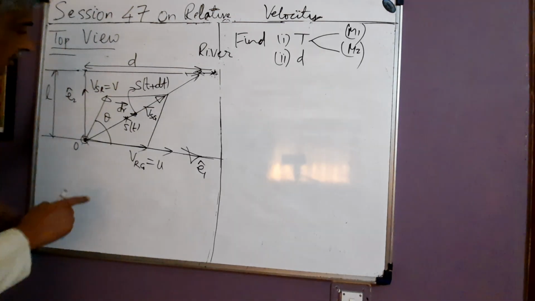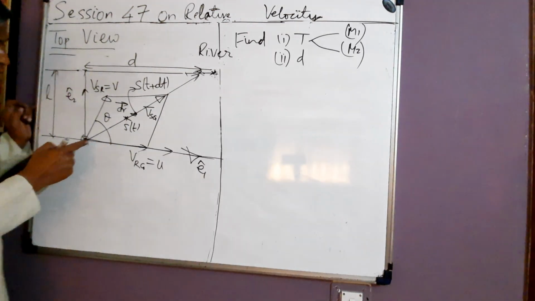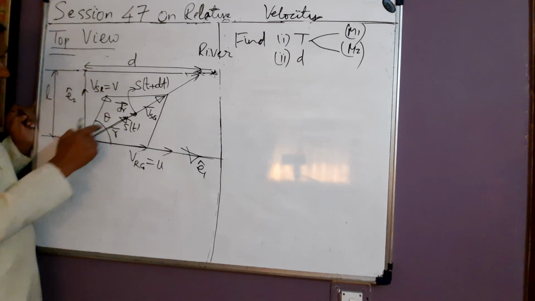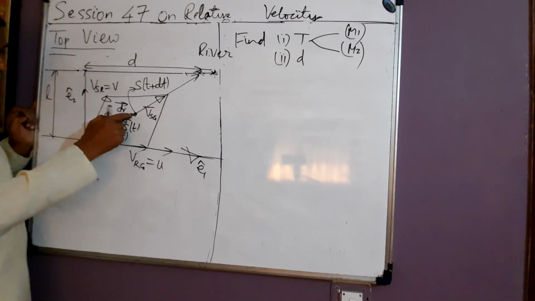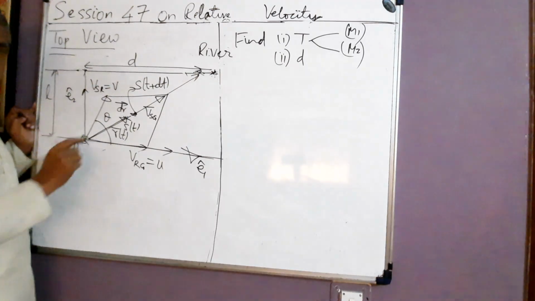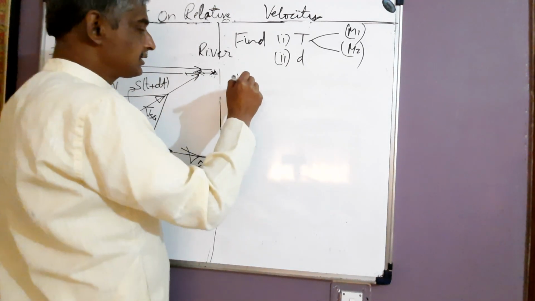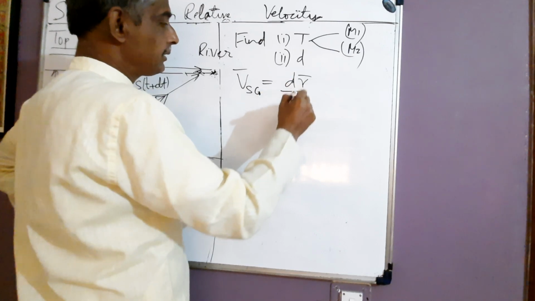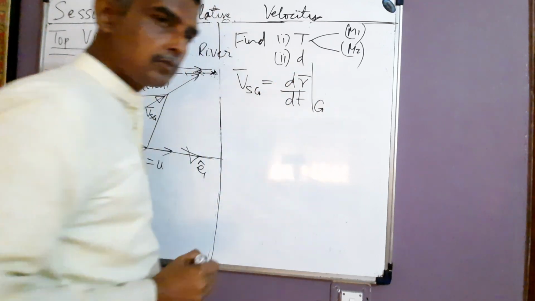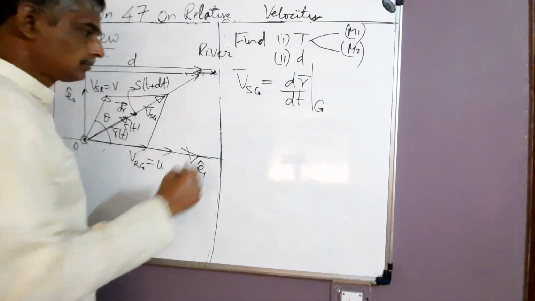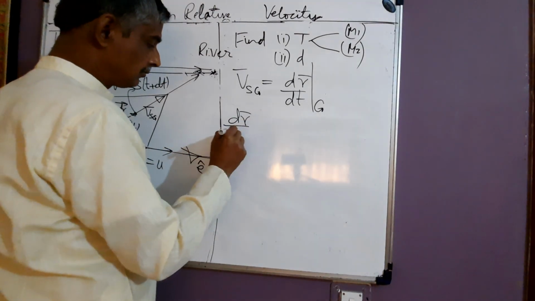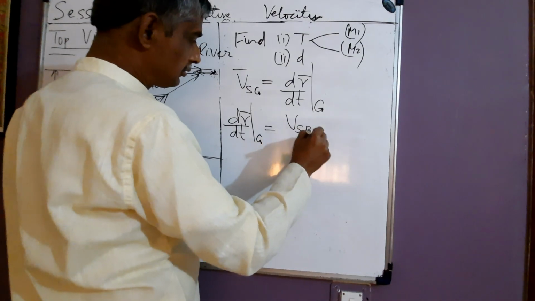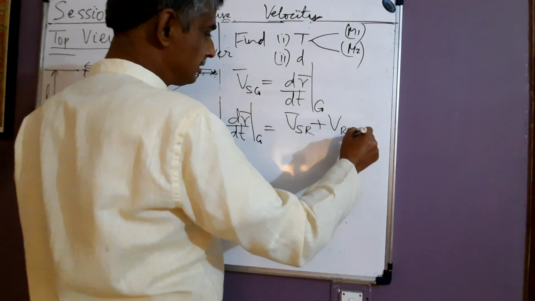So now see, we'll write it this way. From here to here, this is the displacement of the swimmer with respect to the ground in time 0 to small t, R of t. Now VSG, dr by dt in the ground frame, is equal to VSG, that is equal to VSR plus VRG.